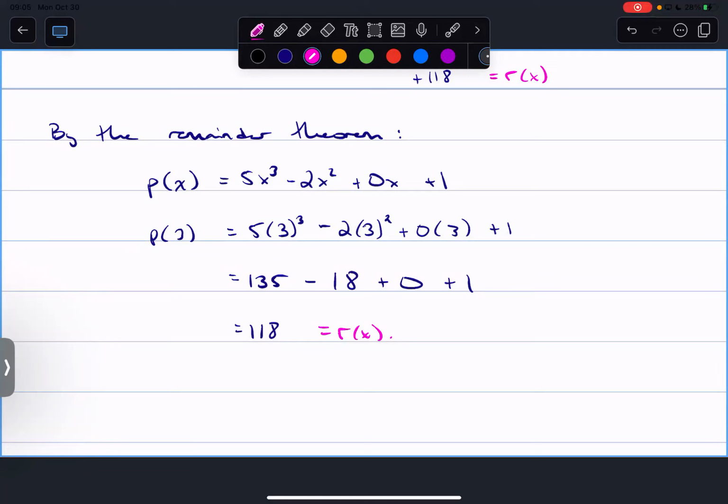So we did get the right remainder. Feels good.